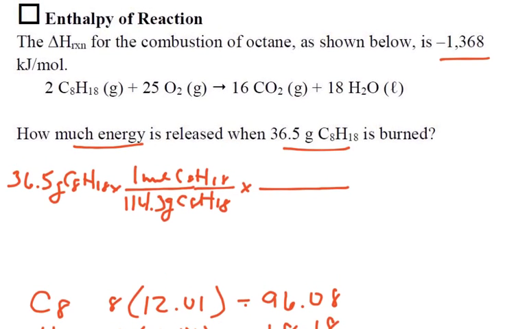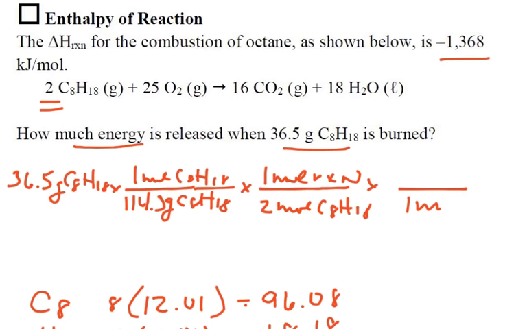Now that's how many moles of octane I would have if I stop now. Okay, now I want to say, well, for every 2 moles of octane, that's 1 mole of reaction. And the last part here is that every time there's 1 mole of reaction, as written, then we get the 1368 kilojoules of energy.